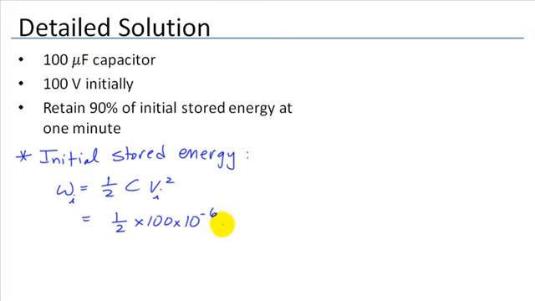That would be 100 times 10 to the minus 6. And 100 volts is squared. You could punch this out on your calculator, resolve all the various exponents, and find that you have 1/2 joule in the capacitor originally.